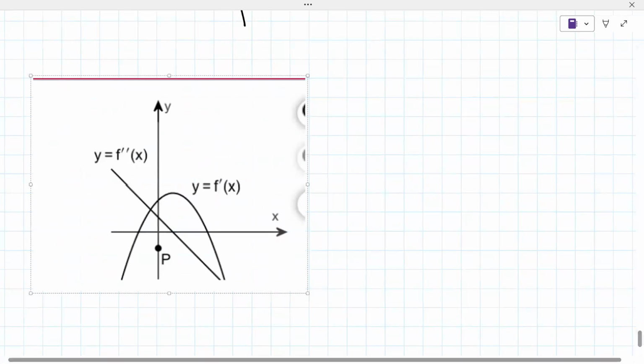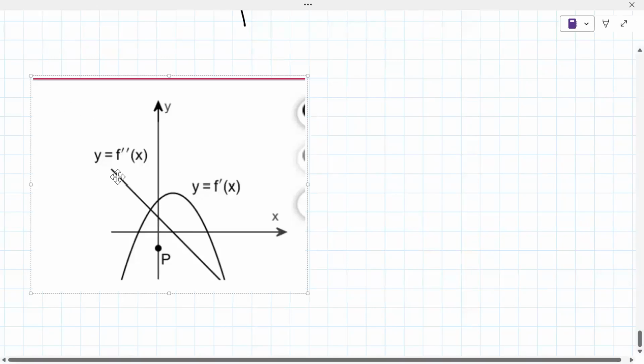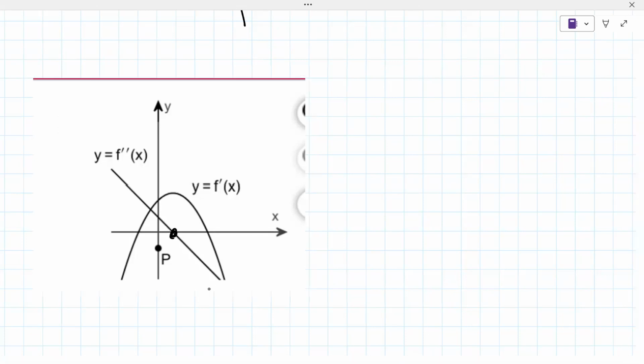This is kind of a complicated question to look at, but it's telling you that the second derivative is a line, and really all we care about is where the second derivative is equal to 0.